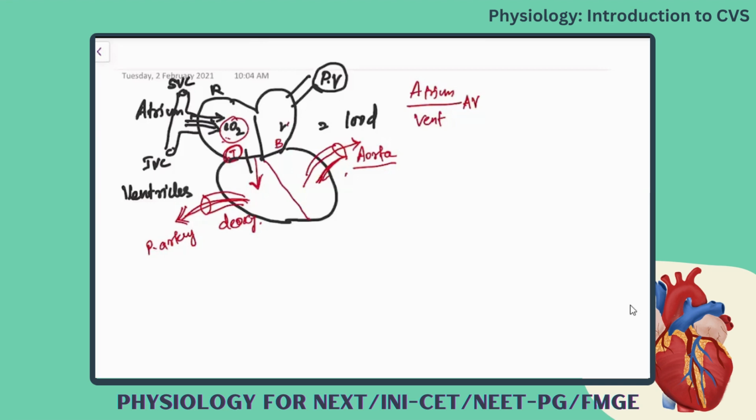Okay, so this basic understanding you should know. Okay, clear? So first, the upper chambers is getting filled with the blood. From the right side, it is through superior and inferior vena cava, and from the left side, it is through the pulmonary vein. From the upper chambers, the blood is entering into the lower chambers, and there is a valvular mechanism which is controlling the blood flow only at the presence of stimulus.